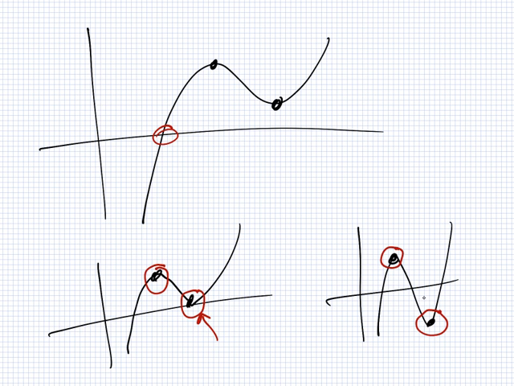We can't draw it any other way. So by knowing the location of the turning points, we can work out from the graph how many roots there are. We sometimes get this in the exam. It might say, show that this cubic has 3 roots. So that means find the derivative and the turning points and show that one is positive and one is negative. Then you know you have 3 roots.